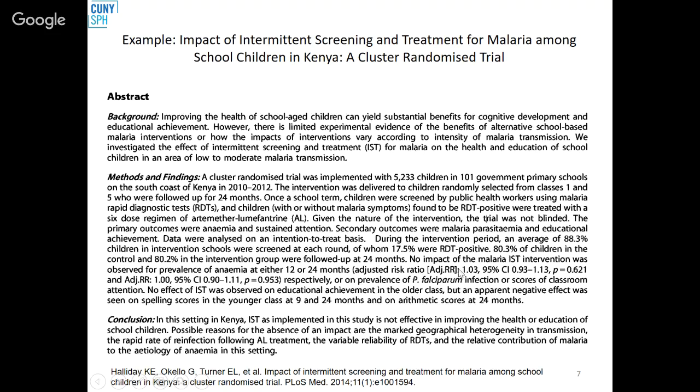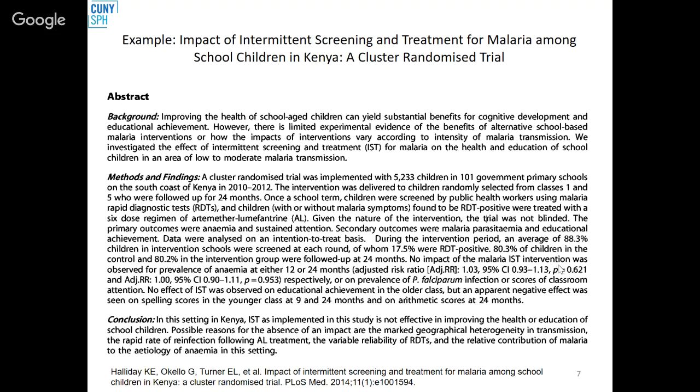The adjusted risk ratio is 1.03. We haven't covered yet what a risk ratio is, but a 95% confidence interval from 0.93 to 1.13 and a p-value of 0.621. So all you need to know right now about a risk ratio is that it's a ratio of risks for the treatment group against the control group.